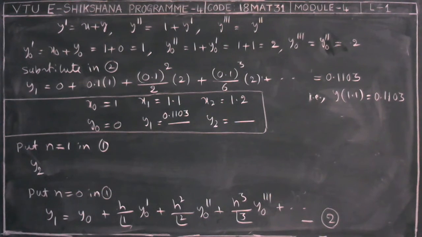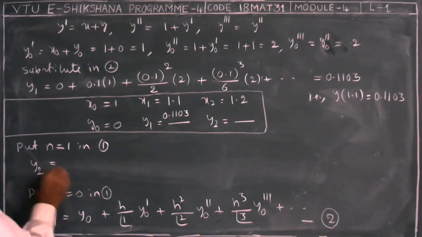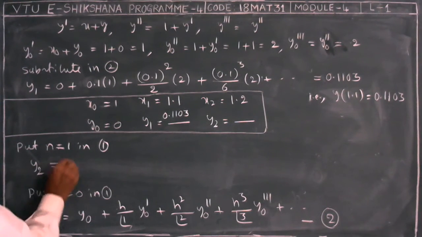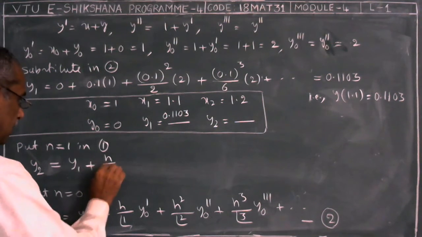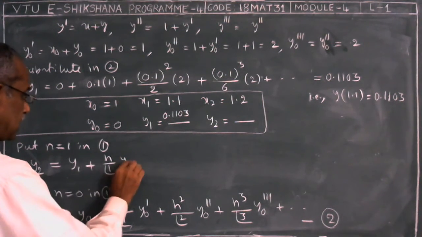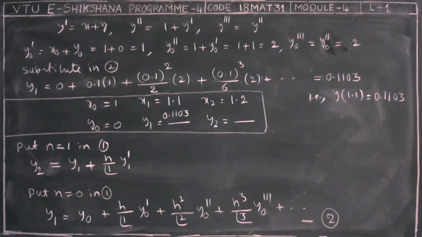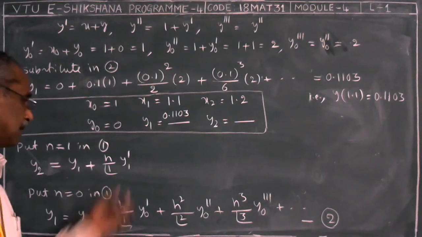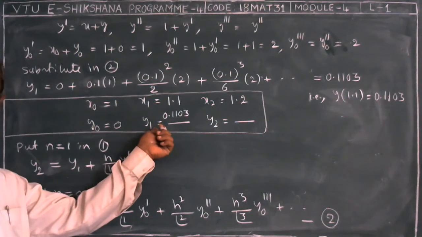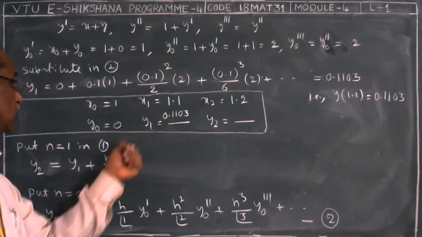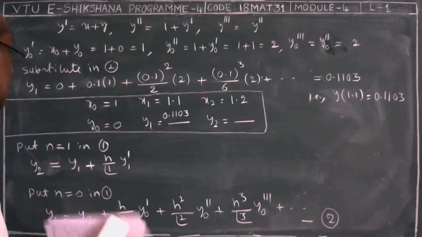Replace n naught by 1. You get y2 equals y1 plus h divided by factorial 1 into y1 dash. Now we have to calculate y1 dash with respect to this y1, calculated at x is equal to x1.